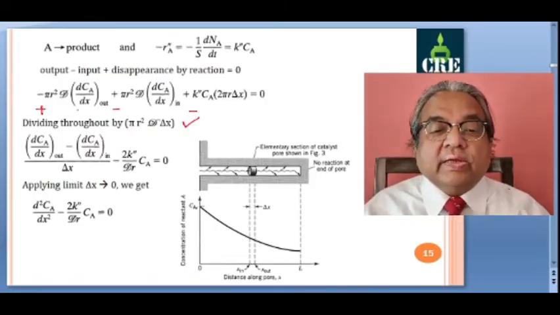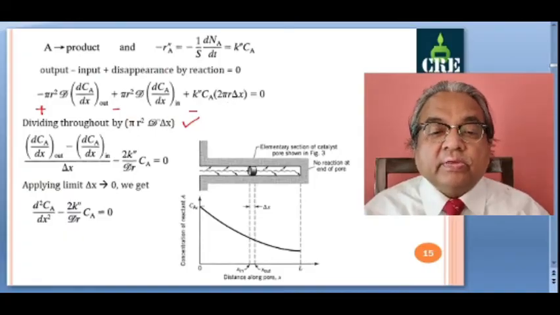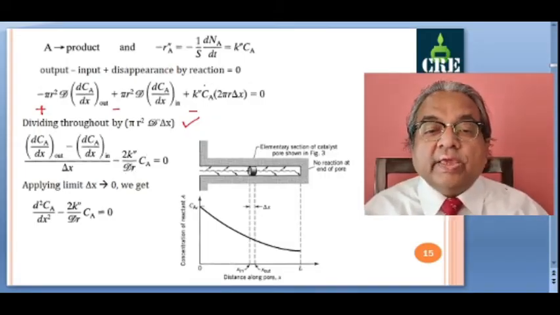So dCA by dx out with plus sign, dCA by dx in with minus sign, and this last term with minus sign, divided by pi r square D delta x. So delta x will cancel out, pi will cancel out, r square is in the denominator so one r will remain, and D will remain. So minus k double prime by D into r into this Ca is equal to 0.